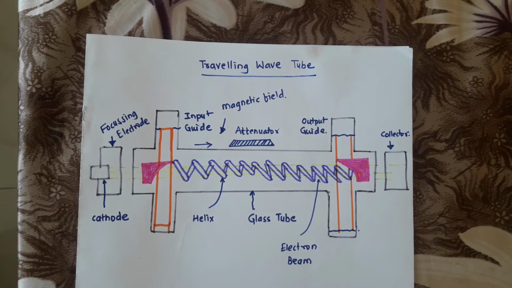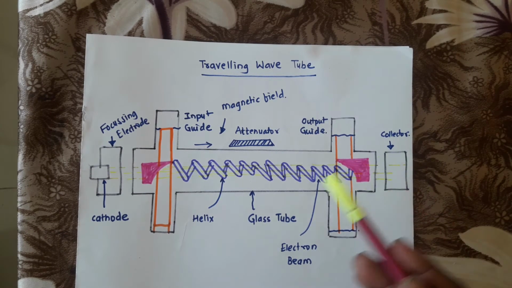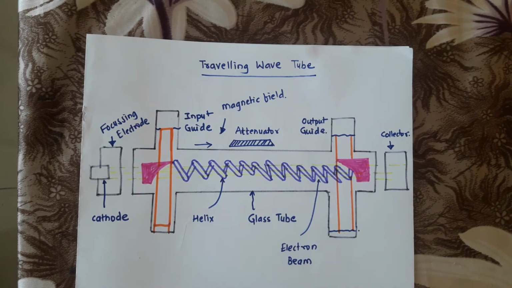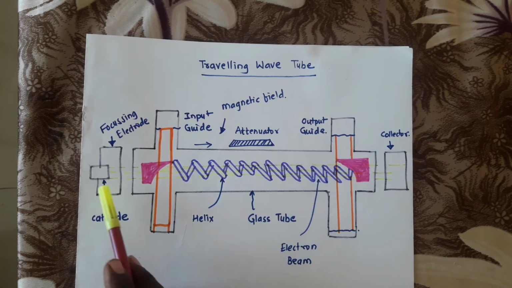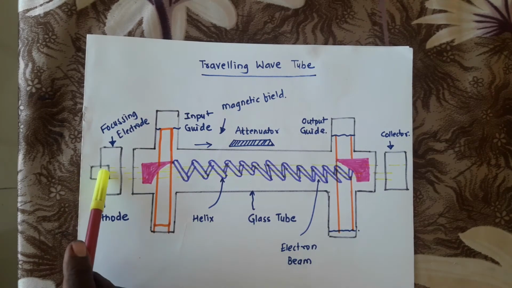As we previously discussed, there is a continuous interaction between the RF field and the electrons passing through. Basically, the voltage of the collector is kept positive, and the voltage of the TWT RF helix is also kept positive, to attract the electrons emitted from the cathode. We have one cathode with some heater arrangement.